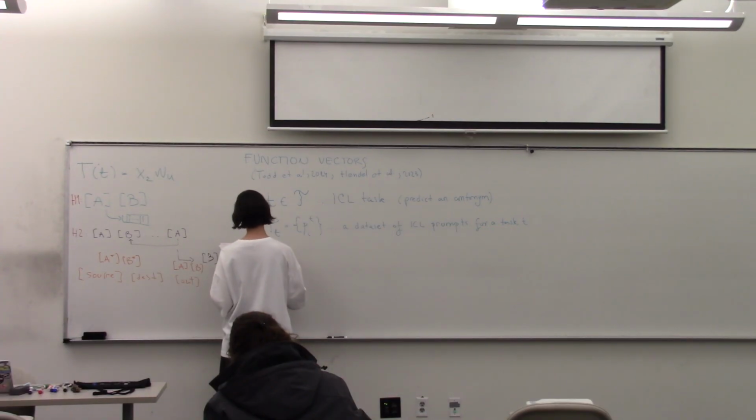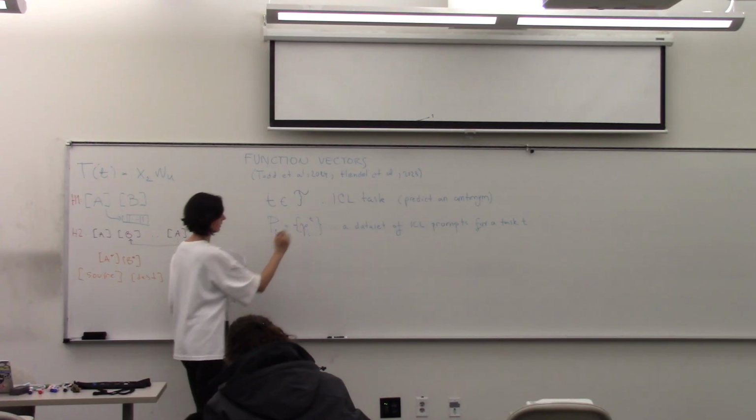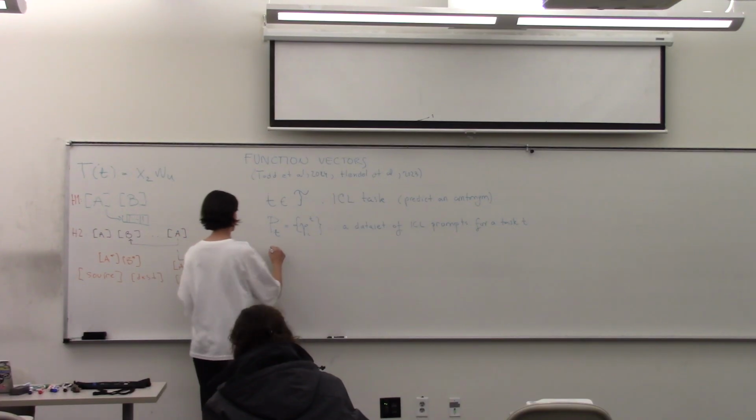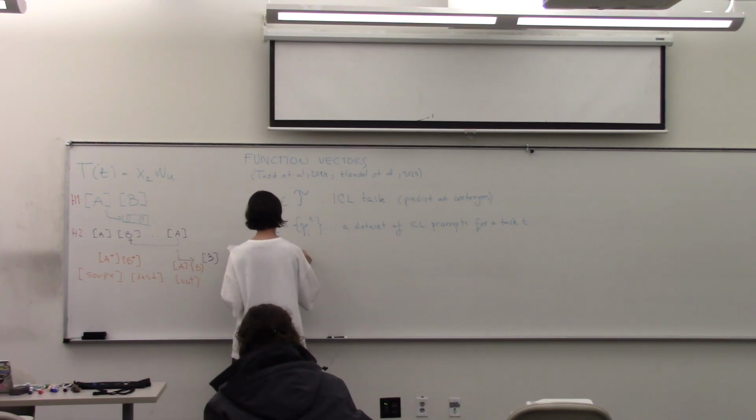And for every one of these prompts, it's a little bit hard to differentiate between my capital P and lowercase p, so I will use this little mark to make sure this one is the lowercase one.